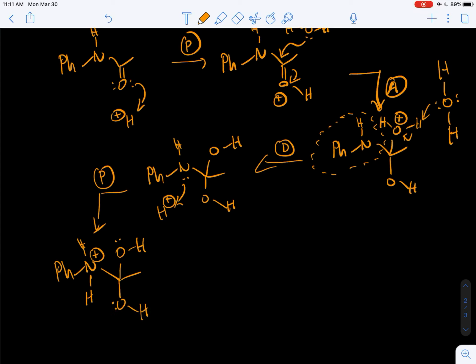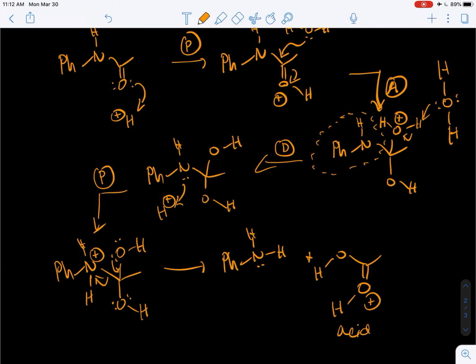And now either of these two oxygen atoms has a lone pair and can kick off the aniline product. And we form a protonated acetic acid. Now, these are acids, right? And these are bases.